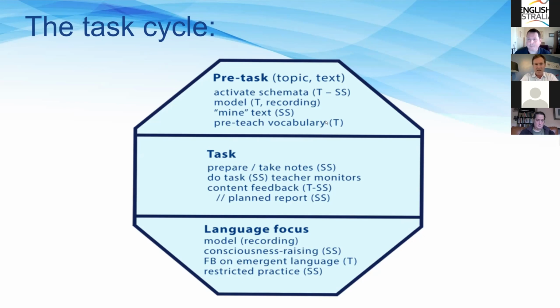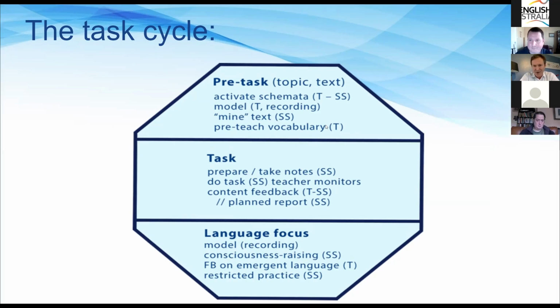So the pre-task cycle includes things that you would be familiar with, like raising students' interest, activating schemata, and pre-teaching vocabulary. One thing that can appear at this stage is a text. This could be an authentic text, perhaps an unscripted text.